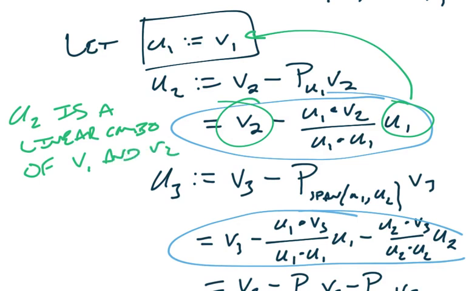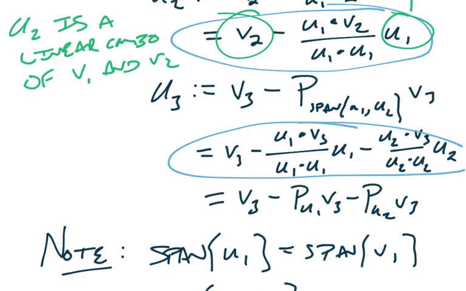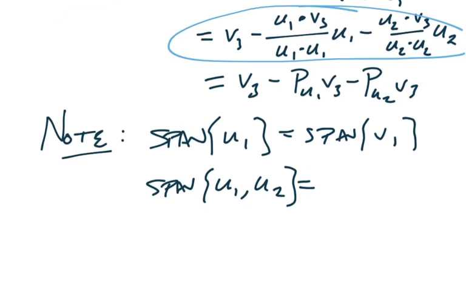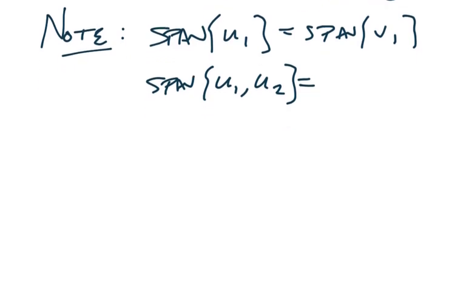We used both v1 and v2 to generate u2. So this means that if I take linear combinations of u1 and u2, it's the same thing as taking linear combinations of both v1 and v2. The span of u1 and u2 turns out to be the same as the span of v1 and v2.